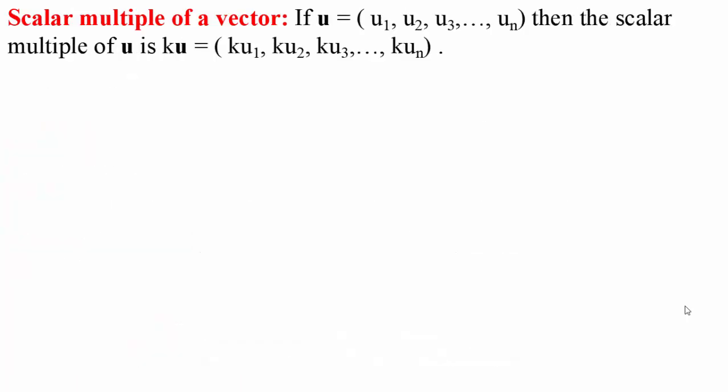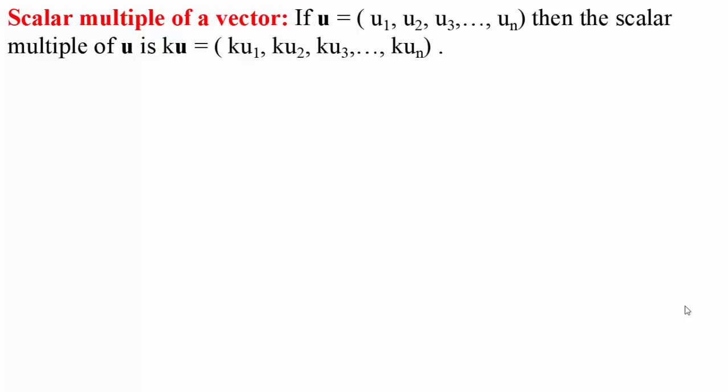Scalar multiple of a vector. We are defining basic things here. If vector u equals u1, u2, u3, so on un, then the scalar multiple of u by the number k is ku, and it is defined as ku1, ku2, ku3, so on kun.